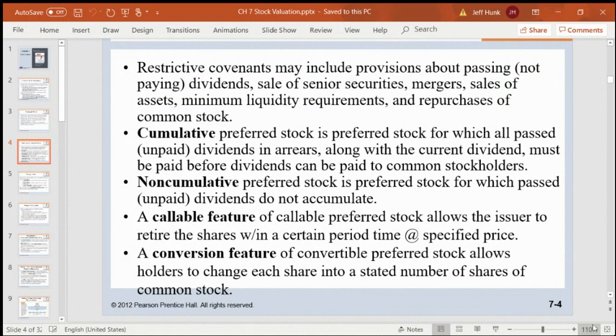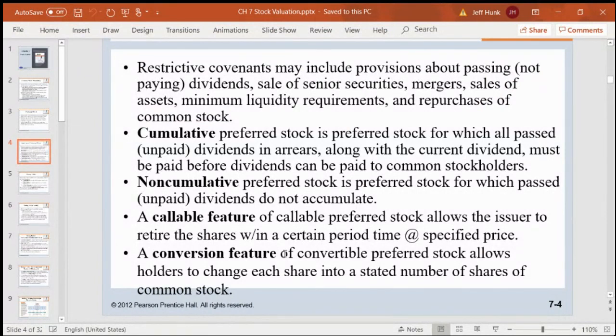One is cumulative and the other one is non-cumulative. Cumulative preferred stock pays dividend in arrears, right? The dividends that have accumulated while it's skipping, or passing up, the dividends.